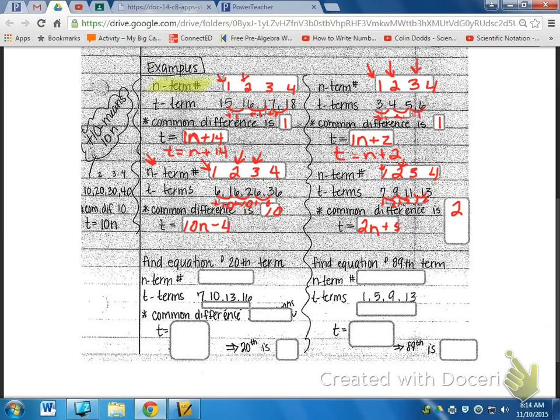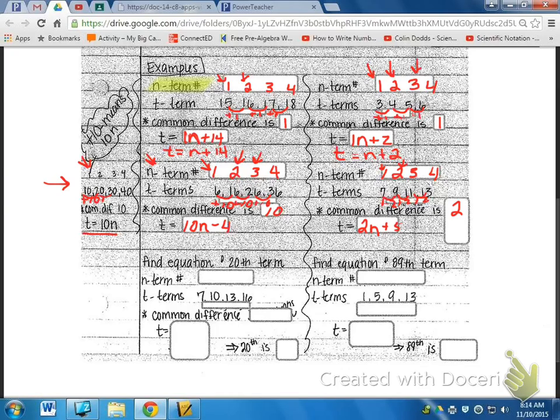This one over here on the right, I just wanted to make sure you saw one like this. If the list was 10, 20, 30, 40, and the common difference would be plus 10 all the way through, then you know you would go t equals 10n. Well, when you go to the first one right here and you put 1 in there, you get 10.